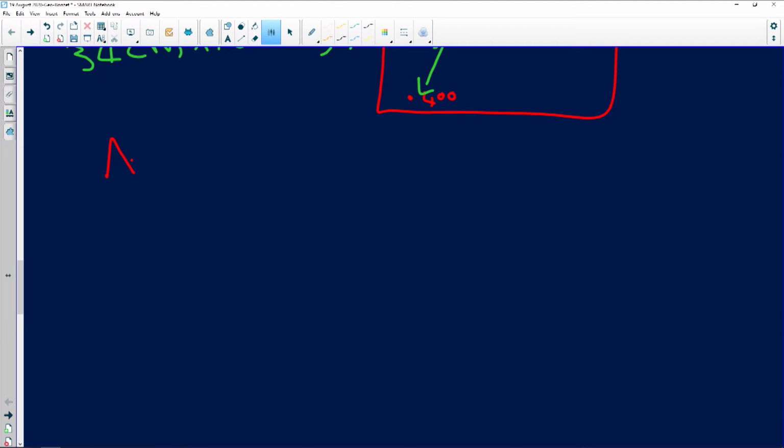So area equals length times breadth. Okay, and we've measured the length of that square on the topographical map. It was 12 centimeters. Now the question stated, calculate the area of the square in kilometers.